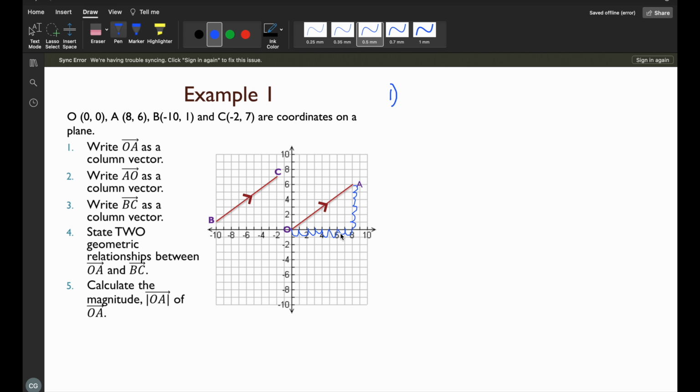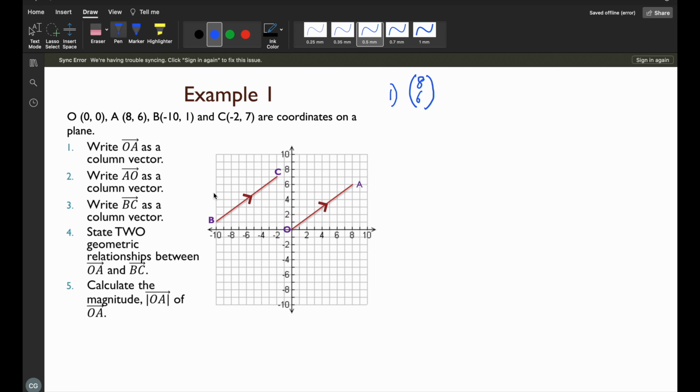So I went 8 to the right and then 6 up. 8 is the X motion, meaning the left to right motion. And then I went up 6. Up and down represents Y. So I have here now 8, 6. That's my answer for the first question. Does that make sense? Good.